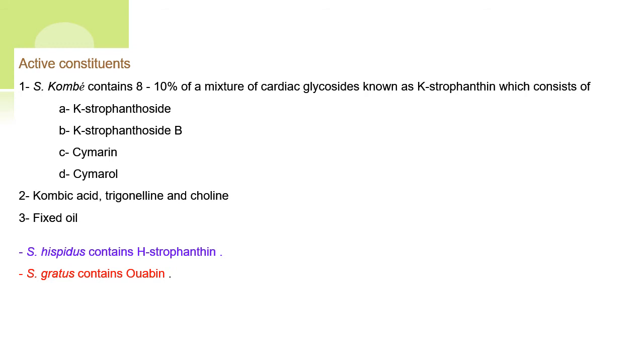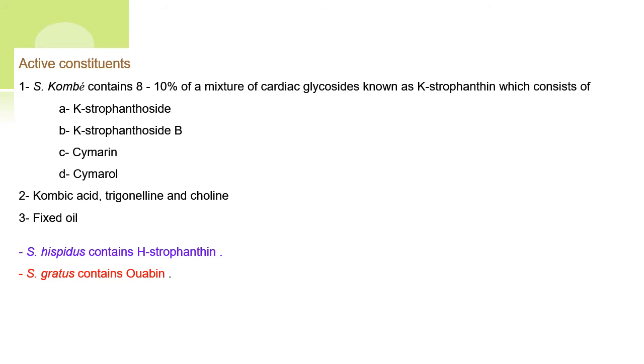The active constituents in Strophanthus kombe contain up to 10% of cardiac glycosides, known as K-strophanthin. The K-strophanthin is a mixture of different compounds: K-strophanthoside, K-strophanthoside B, cymarin, and cymarol. All are cardiac glycosides, in addition to kombic acid, trigonelline and choline bases, and fixed oil.